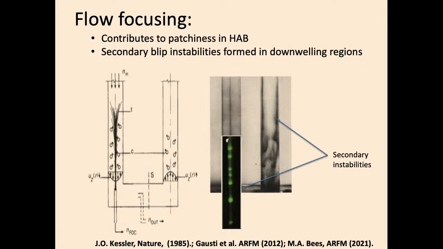But something more impressive happens if one looks at these things more carefully: you have a secondary instability present in the system, where this flow-focused stream also makes blip-like instabilities. There are regions where you have dense concentration of organisms and few organisms and things like that.